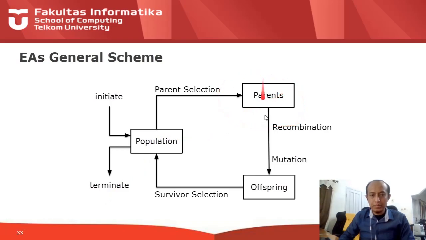Parents that can be recombined and mutated, which result in offspring or children that will be chosen, which ones will survive based on their fitness. And the survived ones become the population again. And this process repeats again until an acceptable solution is found or the algorithm is stopped.